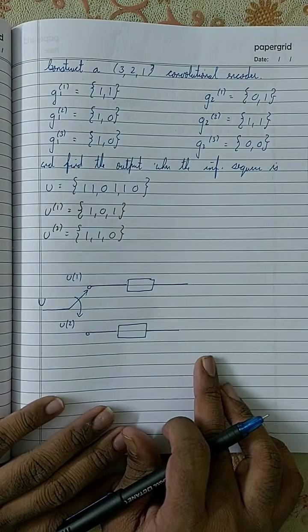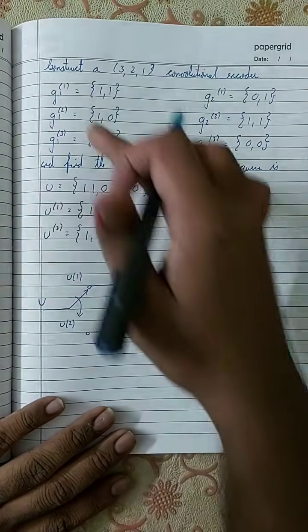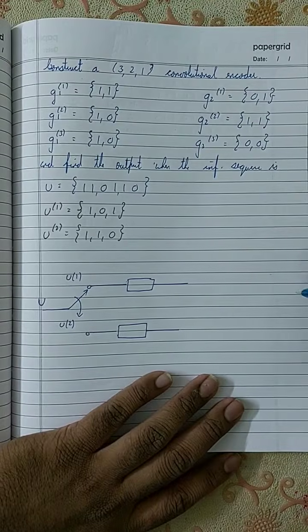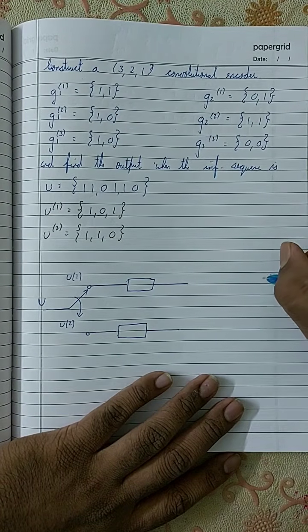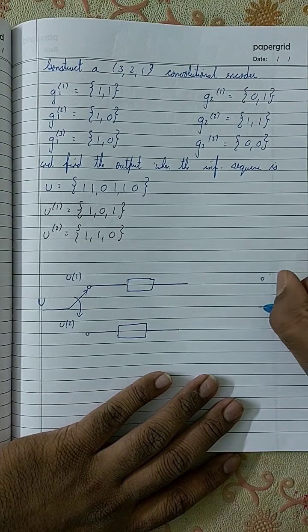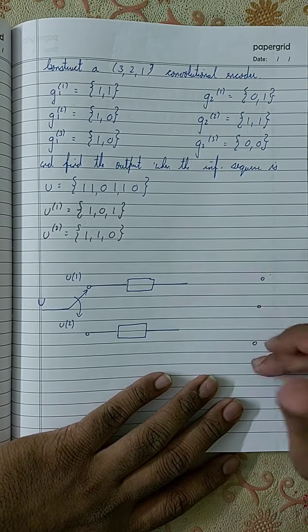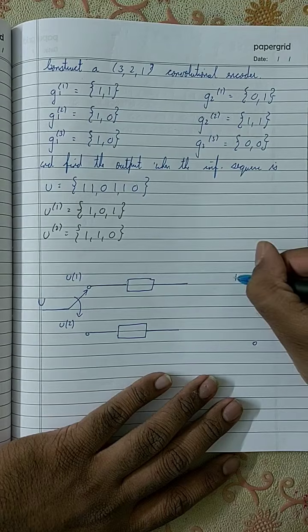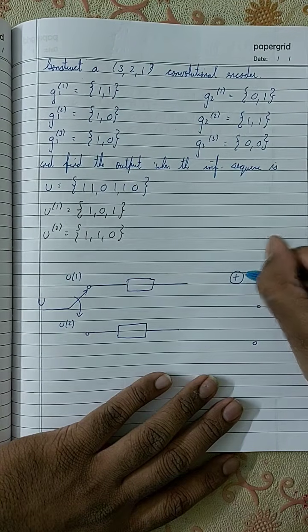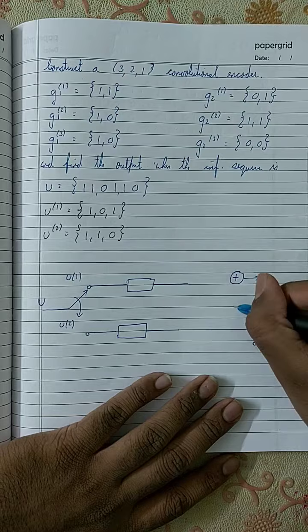Next I'm going to draw the 3 outputs. I forgot, let me draw the 3 outputs. I put it over here: this is V of 1, this is V of 2, and this is V of 3. Since there are 3 outputs, you will have 3 XOR functions.